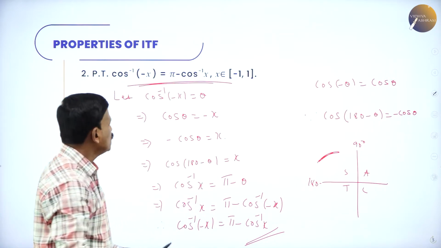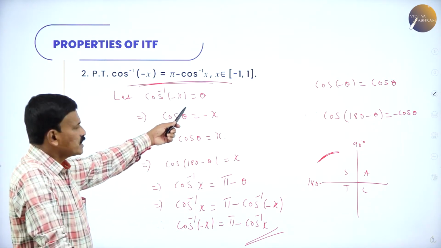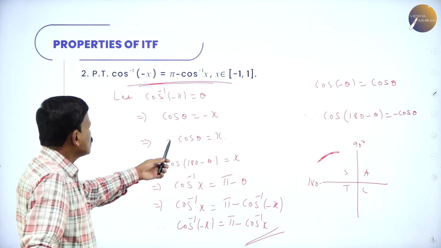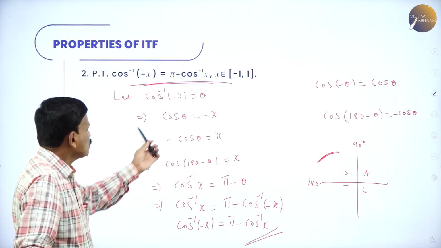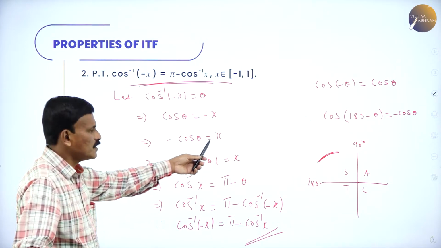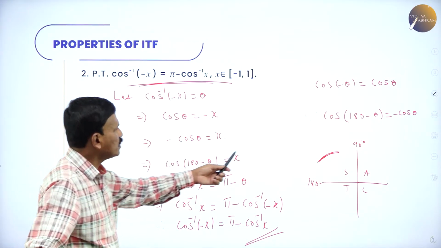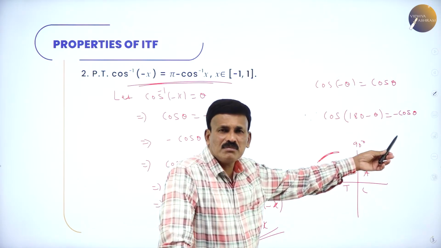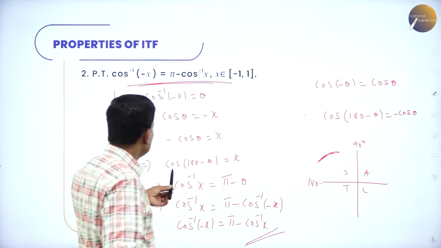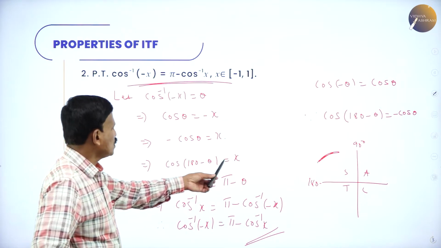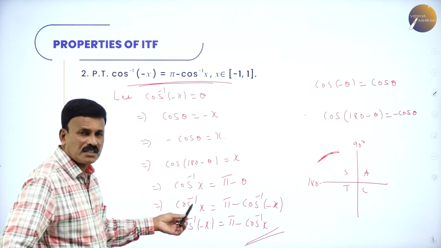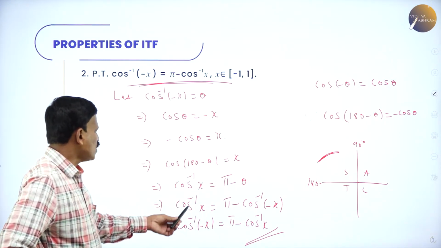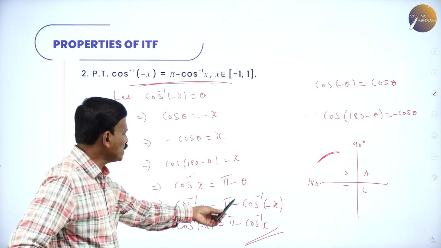Let cos inverse of minus x is equal to theta, which implies cos theta is equal to minus x. Multiply by negative sign, transfer the minus sign to this side: minus cos theta is equal to x. Minus cos theta can also be written as cos 180 minus theta. So cos 180 minus theta is equal to x. Taking the inverse, cos inverse of x is equal to pi minus theta.